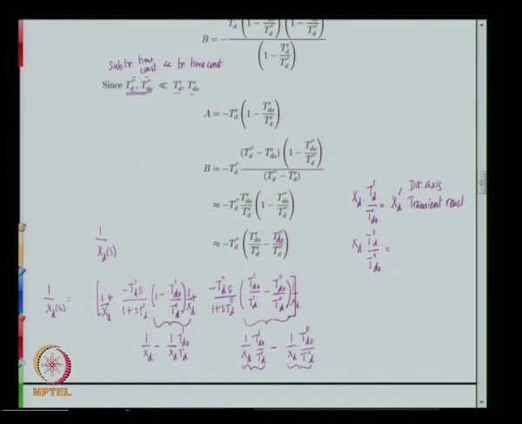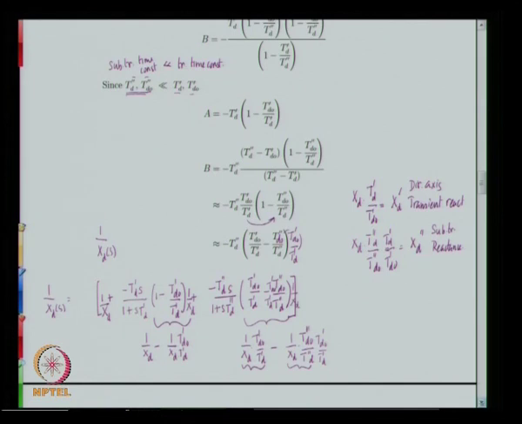What we really have is, if you take this inside, there is a small error. When it is taken inside, it is T double dash do by T double dash d multiplied by T dash do by T dash d. That is what we are going to have here. This is T dash do by T dash d, and this is T dash do by T dash d. So this into T dash d by T dash do, this is really xd double dash, which is the direct axis subtransient reactance.